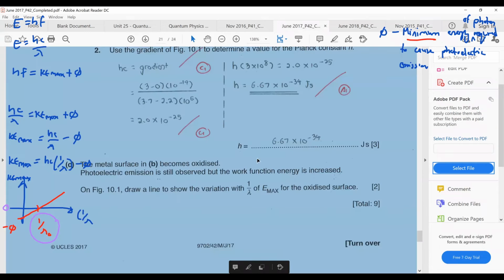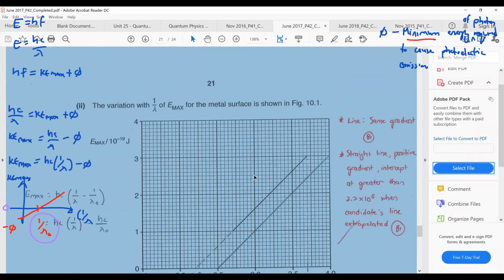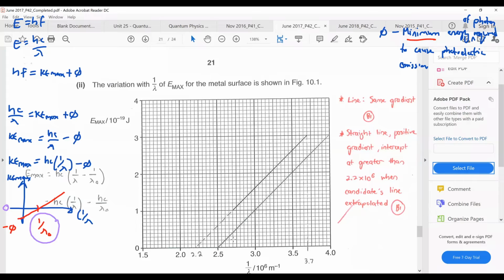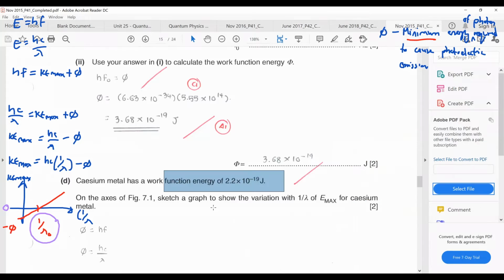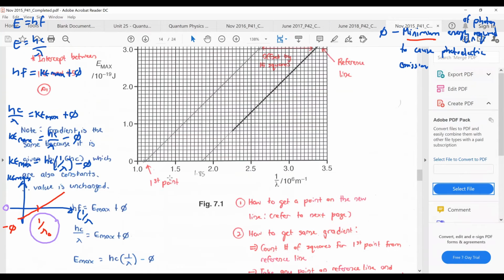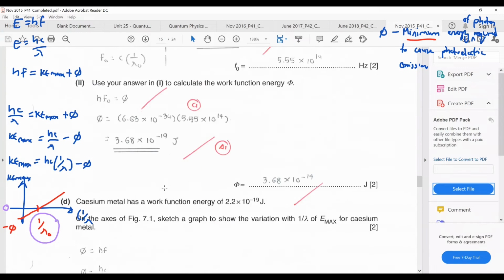They didn't tell you the values of the work function energy, so even if you wanted to draw the graph, you just cannot work out where your x-intercept should be. You just choose a random value and draw your graph. Here you cannot do the same thing. They've already told you specifically what your work function energy is, so you need to be specific on where the intercept of your graph is.